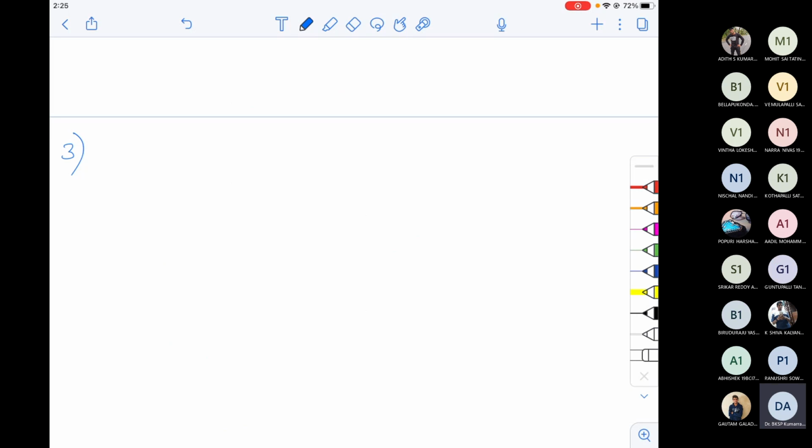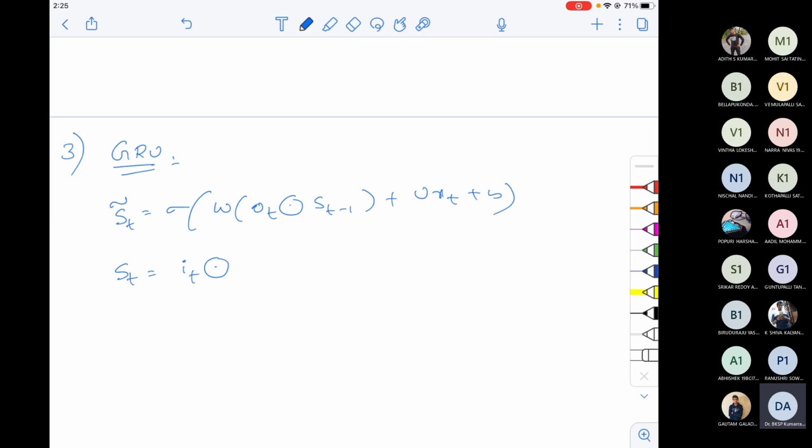I don't know how many of you remember the GRU equations. ST tilde is equal to sigma of W into OT times ST minus 1 plus U into XT plus B. ST is equal to the IT gate times ST minus 1, and so on. All these things we have discussed.